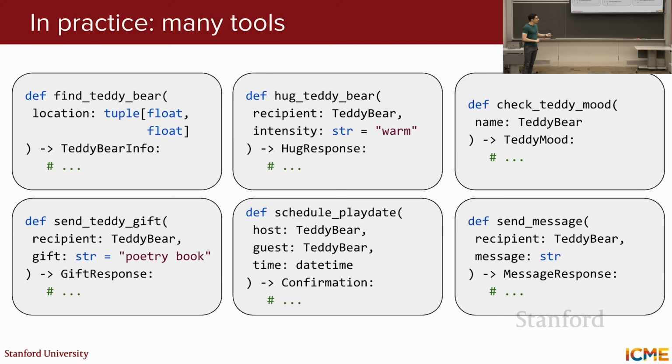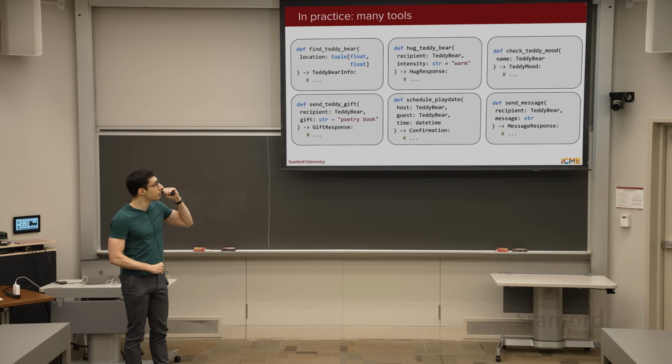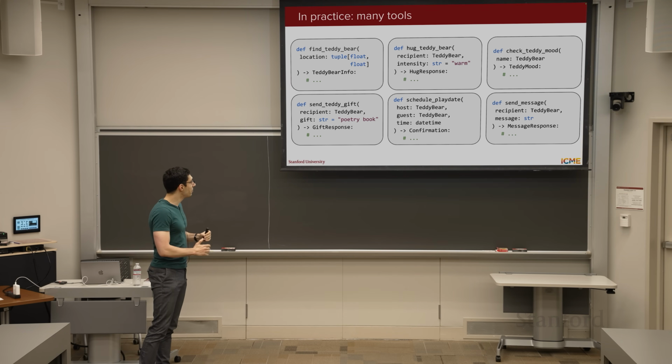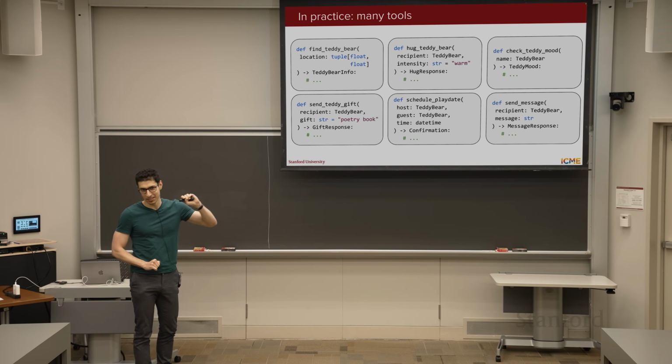And in practice, exactly as you mentioned, you wouldn't have just a single tool API as part of the context. You would have several ones, because your LLM is not just an LLM for finding bears, right? You might want to do other things with your LLM. Maybe you want to hug a teddy bear, or check a teddy bear's moods, send teddy bears a gift, and other things.